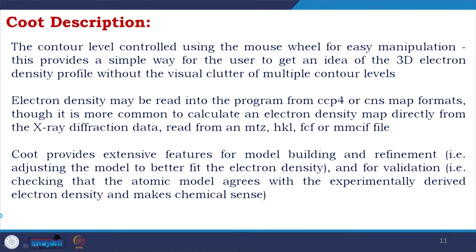It will push the whole structure towards lower energy based on the data of the bond, angle, dihedrals, which are already there in the library. The library comes from CCP4. COOT also provides features for validation, checking that the atomic model agrees with the experimentally derived electron density and makes chemical sense or not.